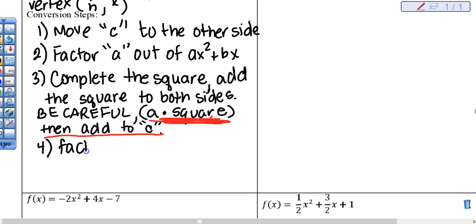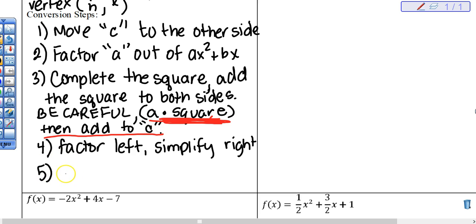You're going to factor the left and simplify the right. And then step 5, you're going to isolate your f of x and identify the vertex, which was the point to begin with.